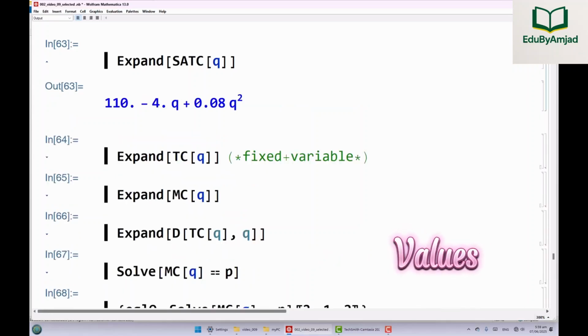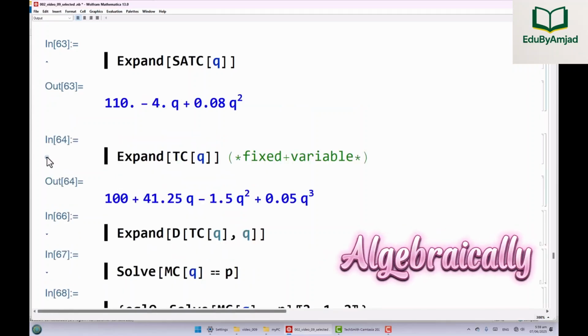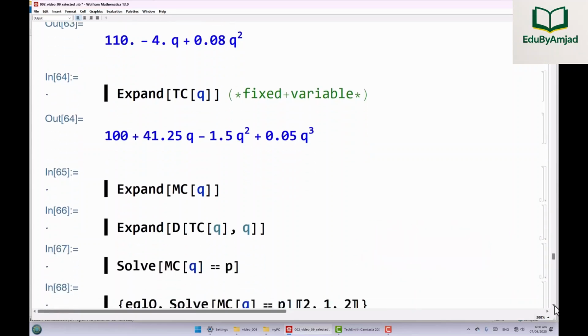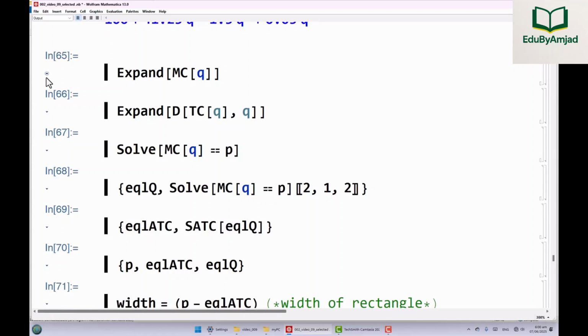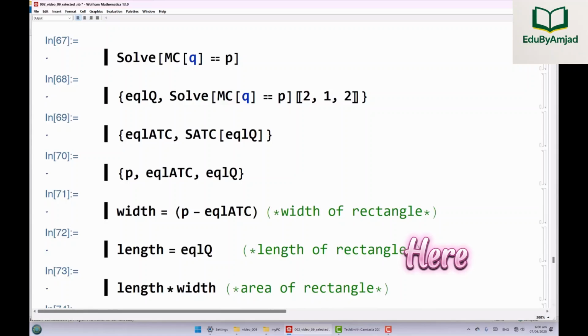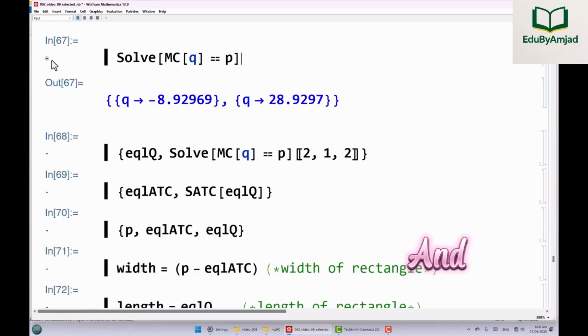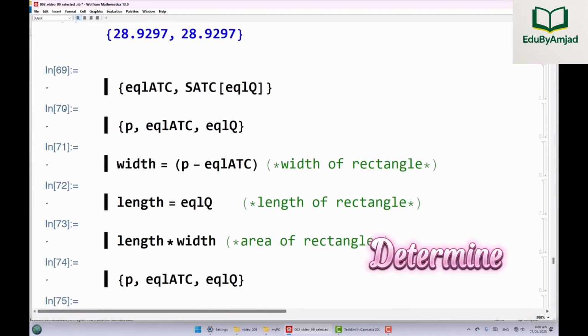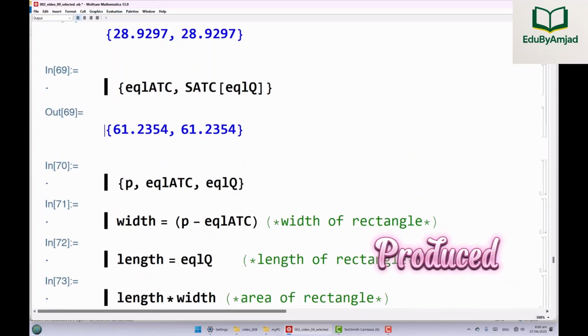Here, exact values of the relevant points are calculated algebraically. These are equations of different cost curves. Here we solve for the equilibrium quantity from the equality of marginal cost and marginal revenue. Plug the equilibrium quantity in the cost equation to determine its value for the equilibrium quantity produced.